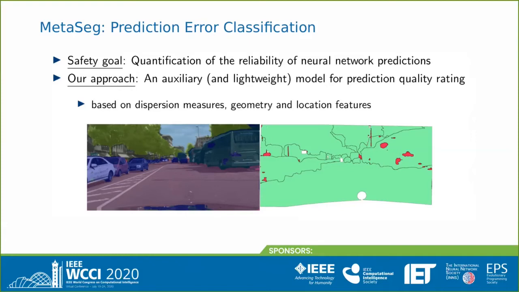In this figure, we can see how it works. On the left side, we see the prediction, the segmentation mask, and the underlying original image. We observe that here, maybe inside that bus, there are some misplaced objects. And our tool that we term MetaSeg is able to detect such misclassifications, labeled as red here.